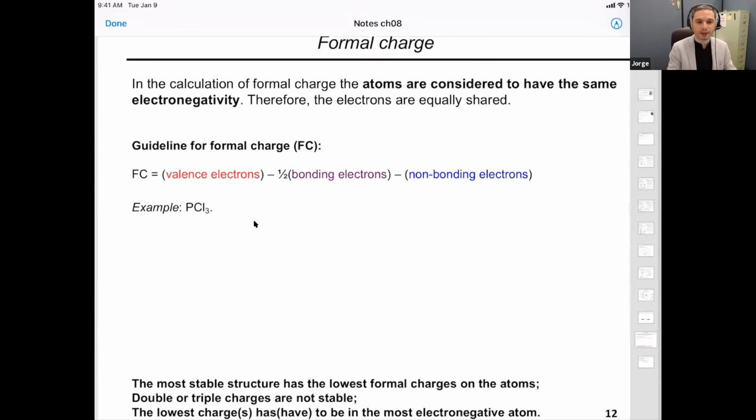To calculate the formal charge, we are going to use this formula. Formal charge is equal to the number of valence electrons minus half of the number of bonding electrons minus the non-bonding electrons, or lone pairs.